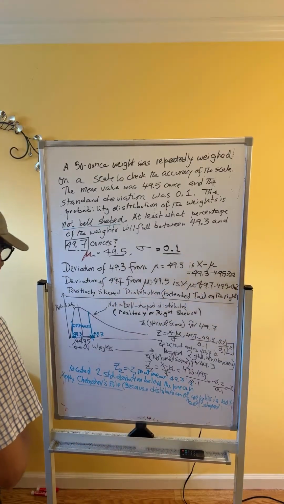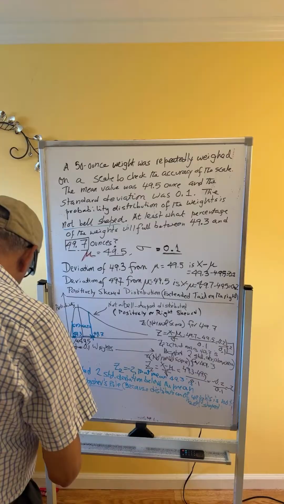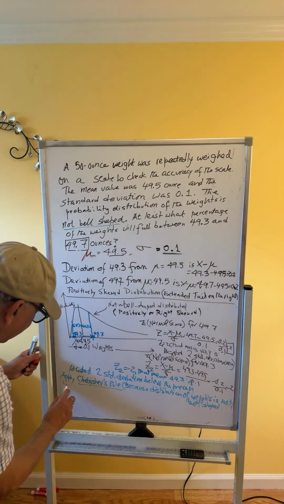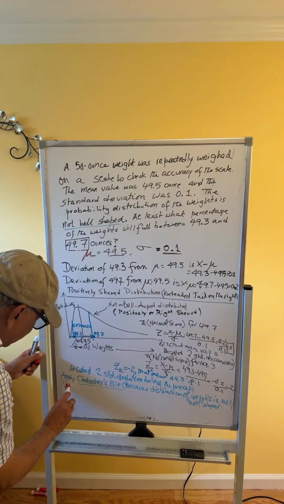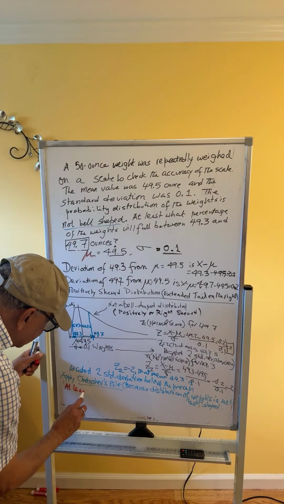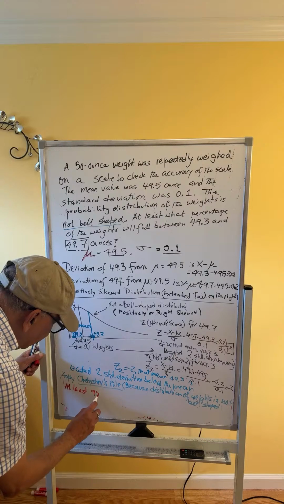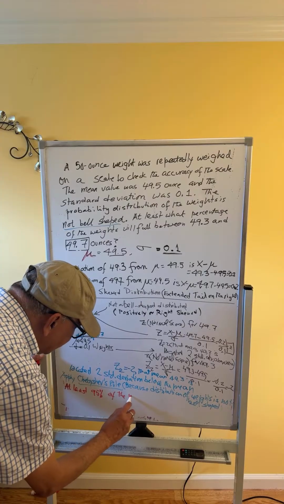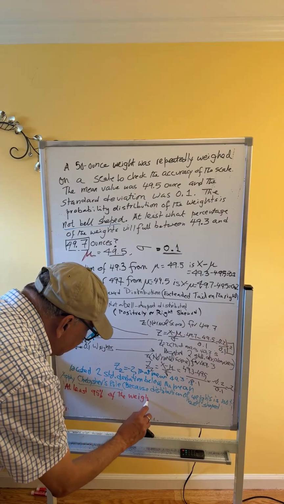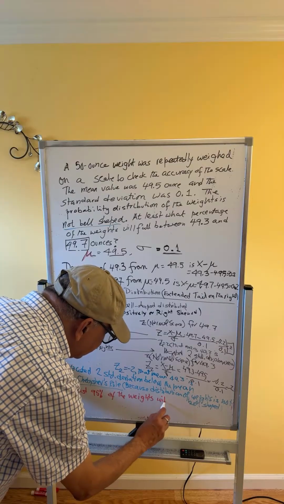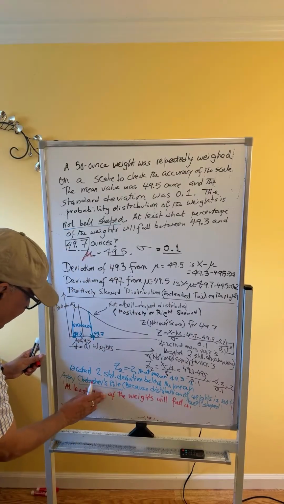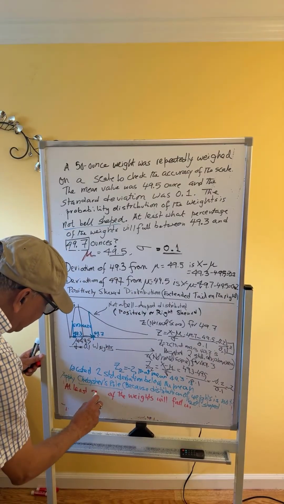So what does Chebyshev's rule state? That at least 75%, sorry, not 95%, at least 75% of the data, in this case measurements of the weights, will fall within 2 standard deviations of the mean.